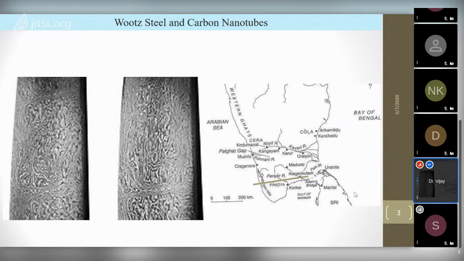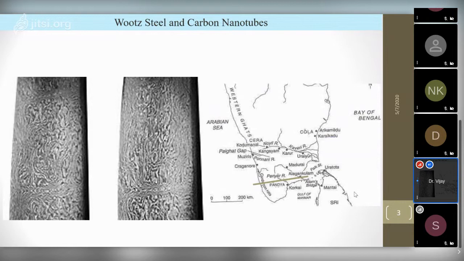This is an image taken from Damascus, maybe near Syria. They found carbon nanotubes within the steel structure. They wondered how it came about, because nowhere in the world had they found carbon nanostructures within steel, even though steel is produced by combining iron and carbon.